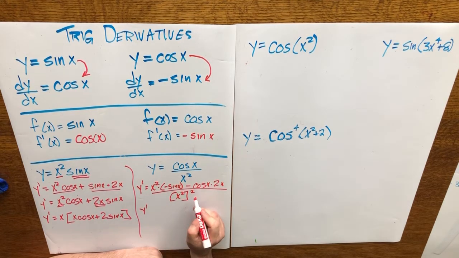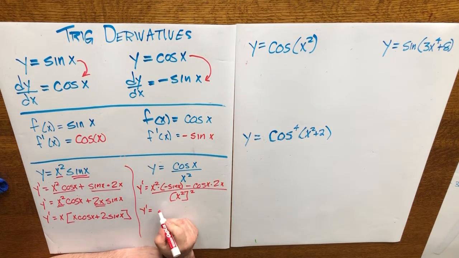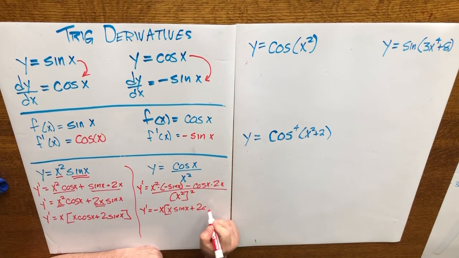Looking at these two groups on the top, I can again common factor out an x from each of them. I'm going to take out a minus x from each group, and when I do, I'm left with x sine x plus 2 cos x all over x to the fourth.